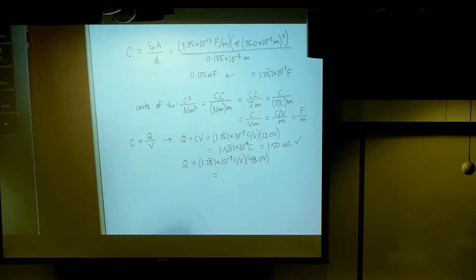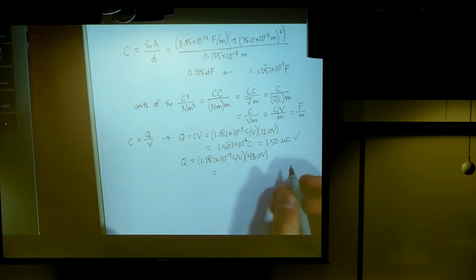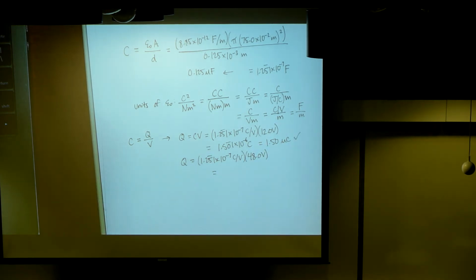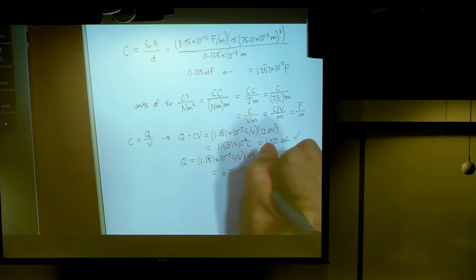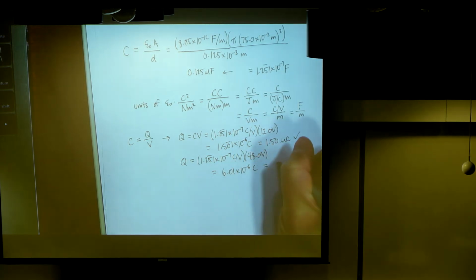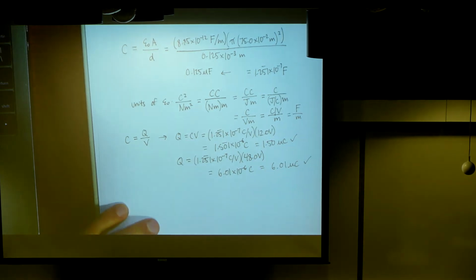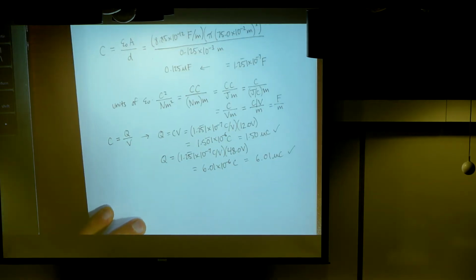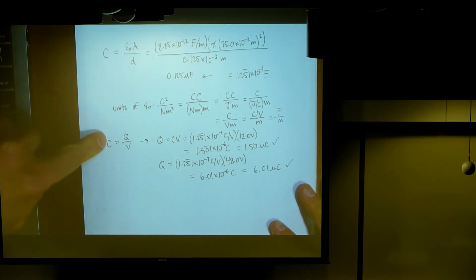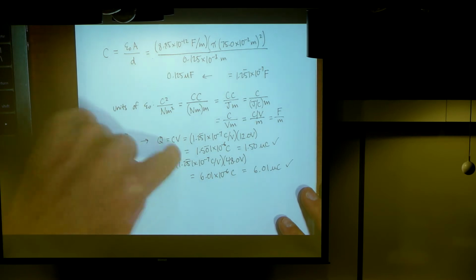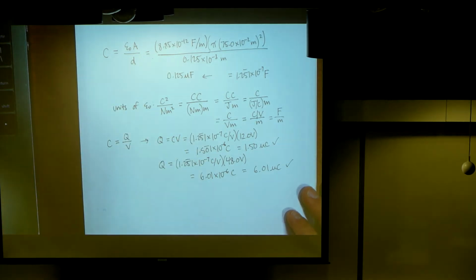But what does that work out to? So you should be getting 6.01 times 10 to the minus 6 coulombs, which is 6.01 microcoulombs. Do we agree? Okay, so that's just a little bit of practice, not only using the formula for capacitance, but also using that to calculate charges. You're going to be doing this a lot over the next couple weeks. We good?